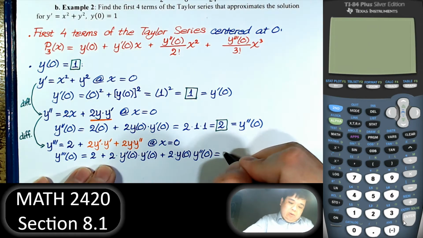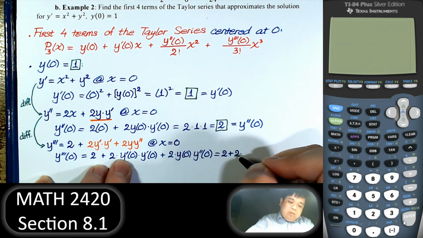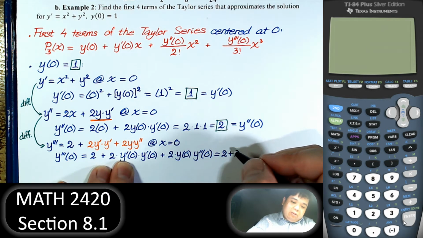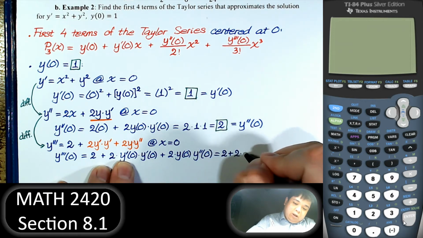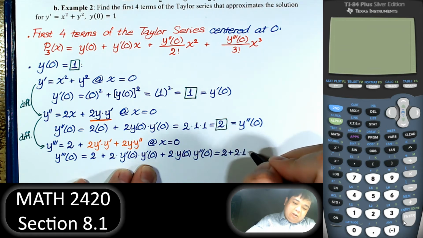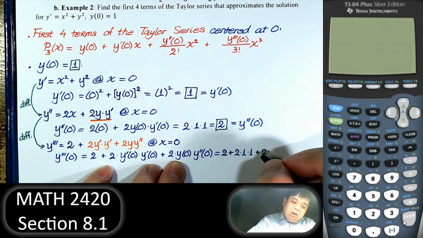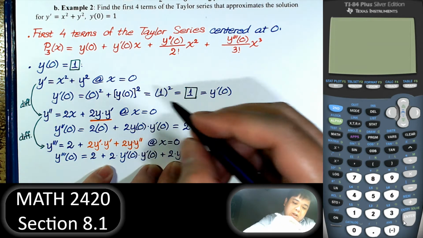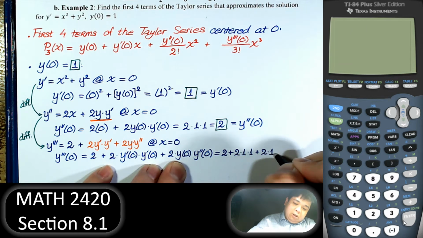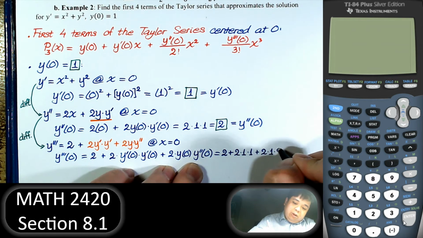Right, so we have 2 plus 2 times the derivative at 0, which is 1, derivative at 0, 1, plus 2 times the function, which is 1, second derivative is 2.